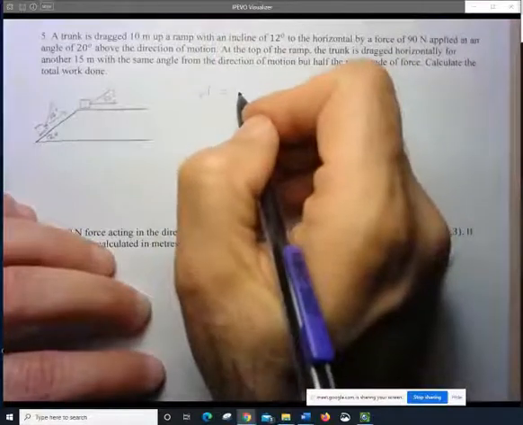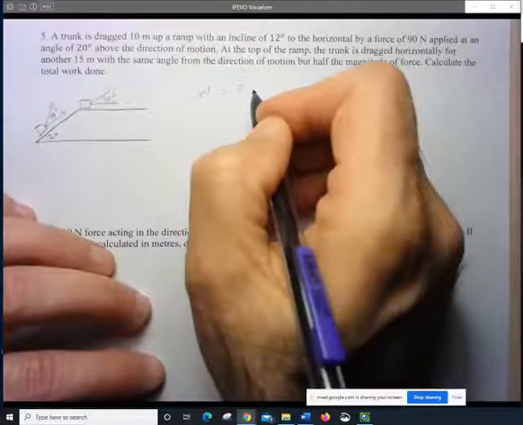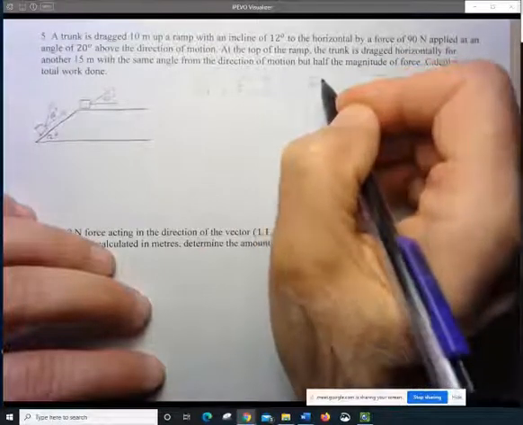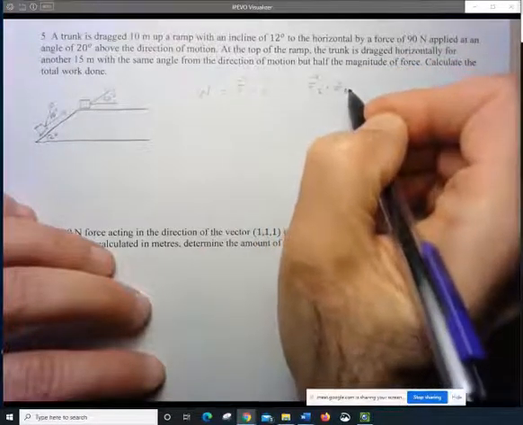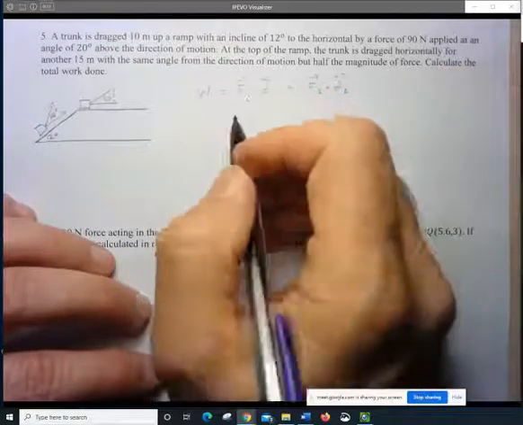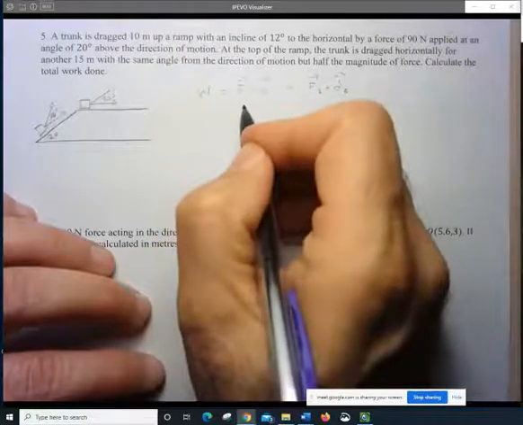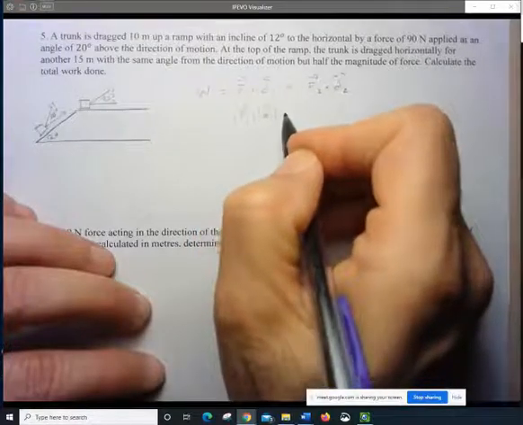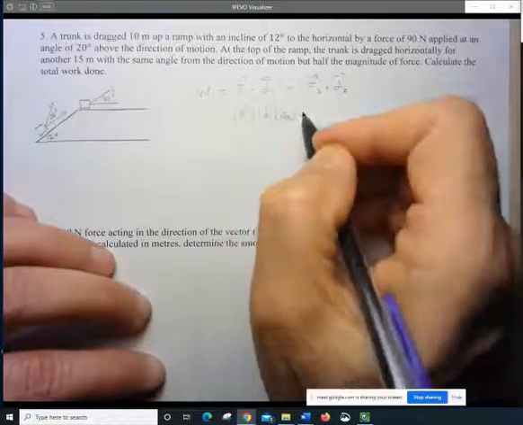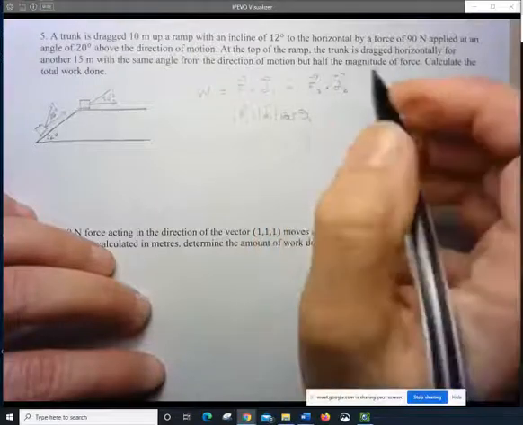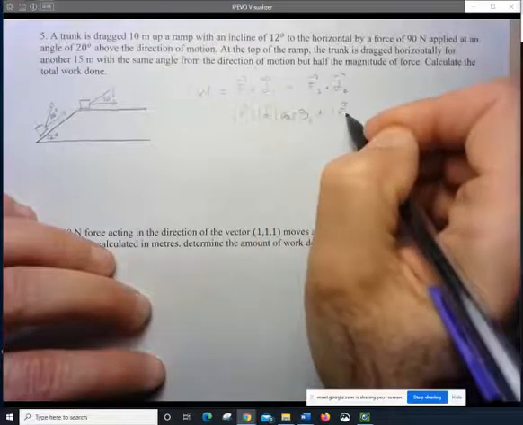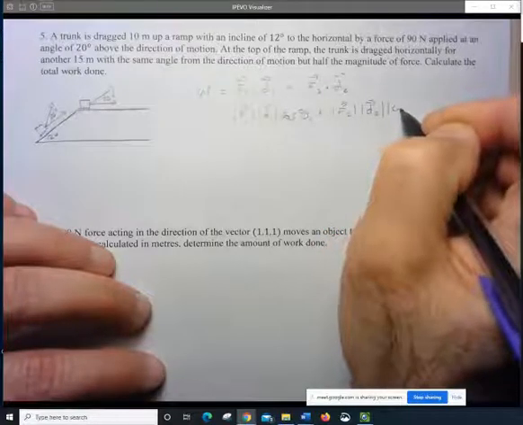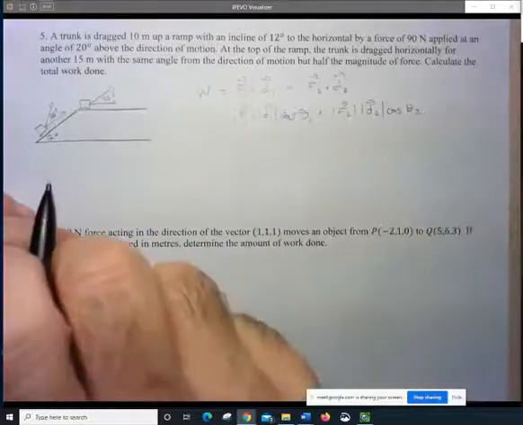If I think of this as F1 dot D1, and then I add to that F2 dot D2, let's see what we get. We get the magnitude of F1 times the magnitude of D1 times cos theta 1, and then the magnitude of F2 times the magnitude of D2 times cosine of theta 2.